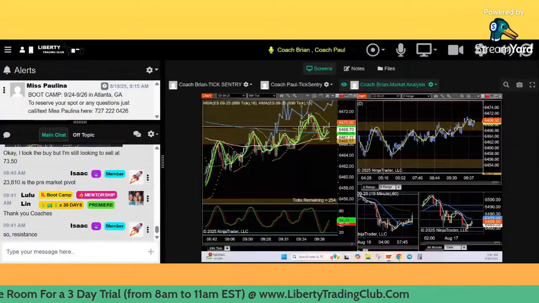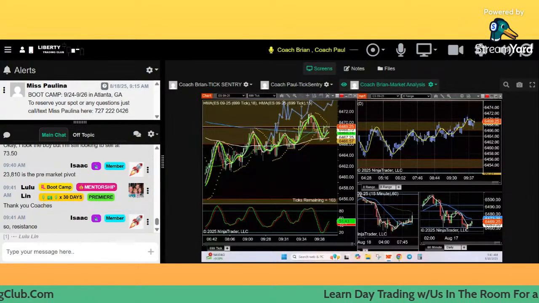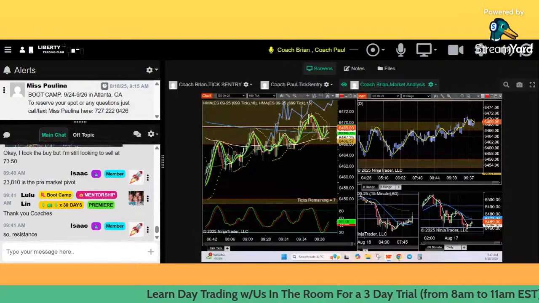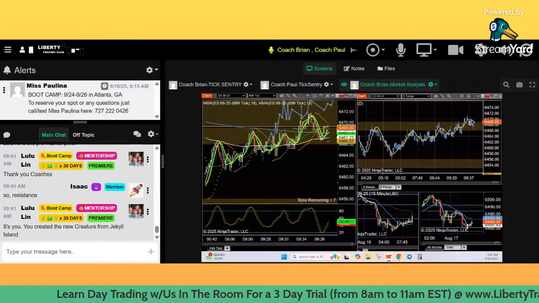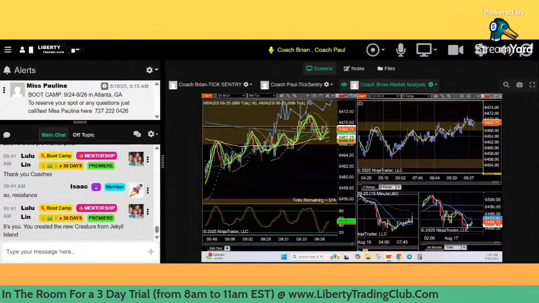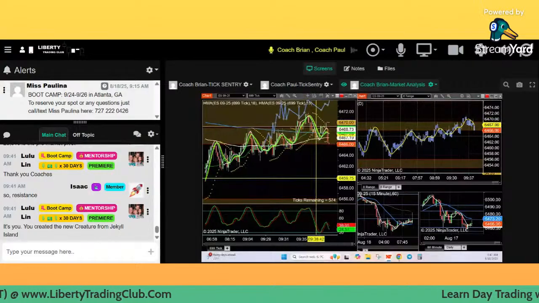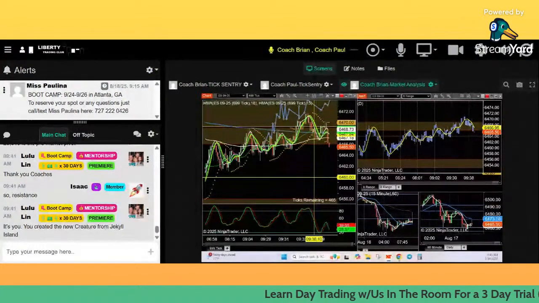I'd probably look at that also up there around somewhere like 23.877. You get up there, that would be a decent little sell. Looking for that too on the NQ. I'm going to trade the NQ that way this morning. I'm going to use Tick Century for the NQ this morning.